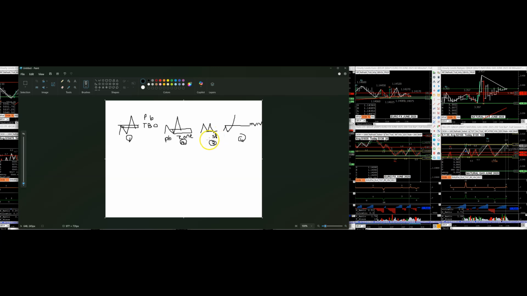On springs and upthrusts, and obviously on high volume nodes, when price goes back, they have a tendency to be attracted to high volume nodes and then bounce. So these are some levels of interest. Test the breakout, pull back to a zone, springs upthrust, and high volume nodes. These are basically it. Okay?